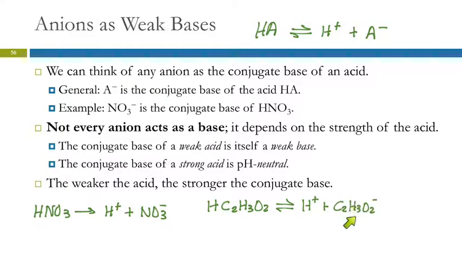So if I have a solution of acetate ion, will that accept hydrogen ions and reform acetic acid? Yeah, it will, because this is a weak acid. So the acetate ion can act as a base. So the conjugate base of a weak acid is a weak base. The conjugate base of a strong acid is just neutral, nothing. The weaker the acid, the stronger the conjugate base.